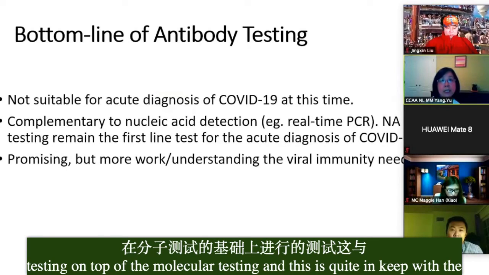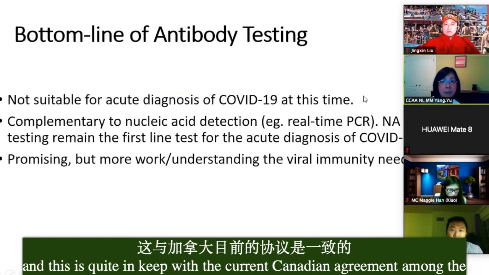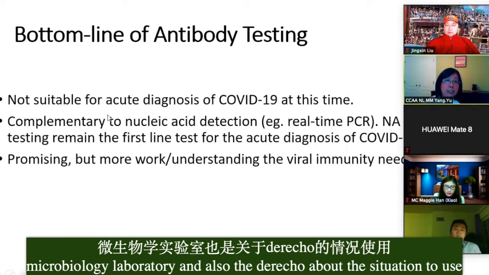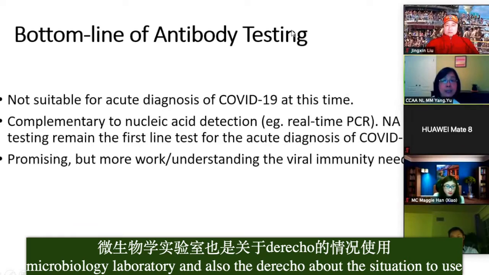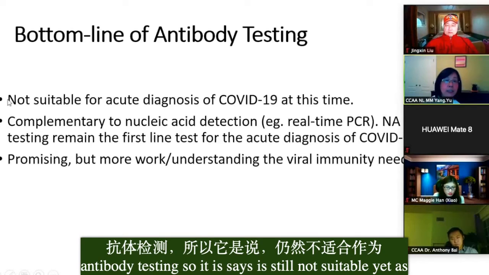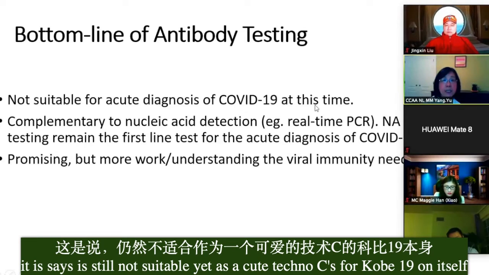This is quite in keeping with the current Canadian agreement among the microbiology laboratories and also the WHO about the situation to use antibody testing. It says it's still not suitable yet to be used on its own as acute diagnosis for COVID-19.